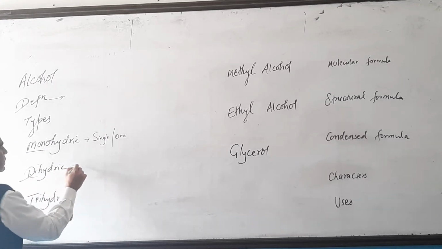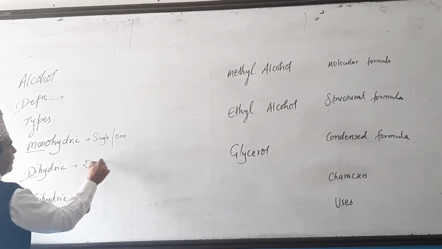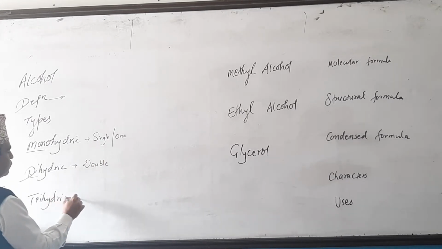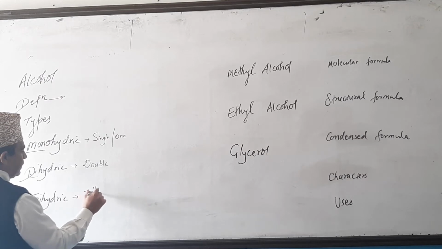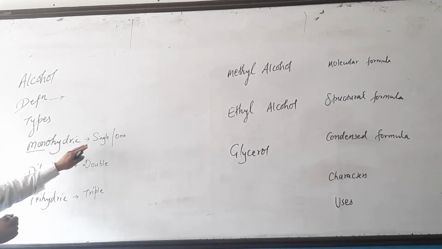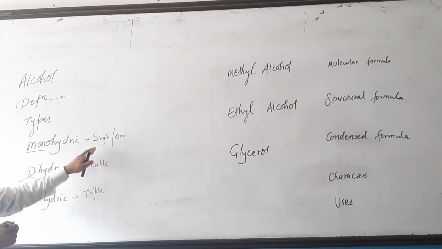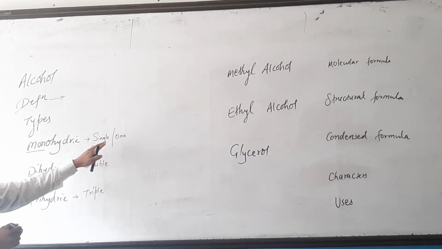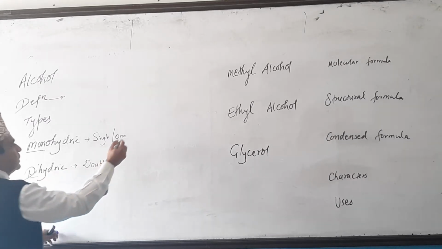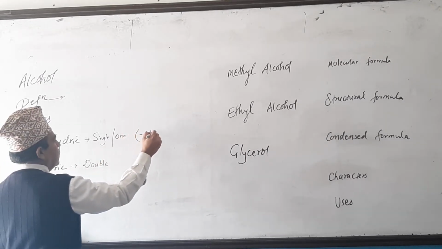Di means double. Tri is triple. So, monohydric alcohol means that alcohol which contains a single or only one OH group.